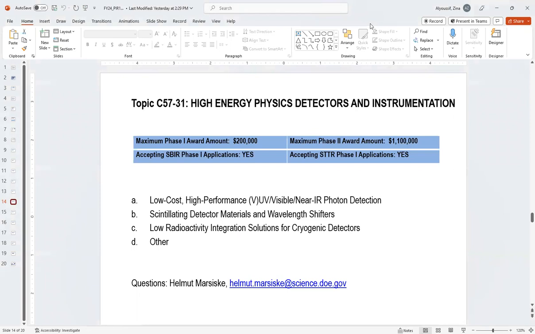And I should mention that we're always interested in fast, in particular for collider experiments, where fast here means that we need to get to time resolutions in the 10-ish or so picosecond range.